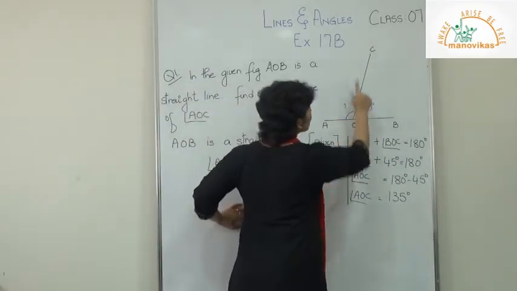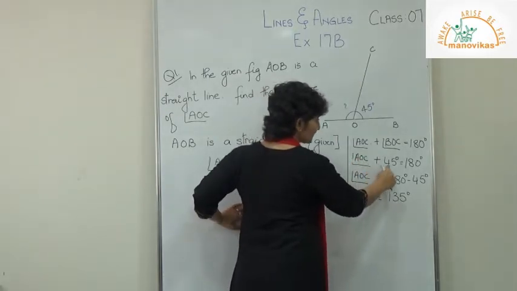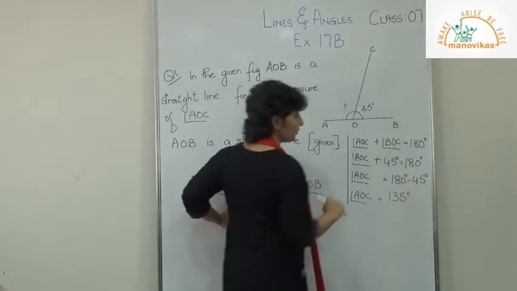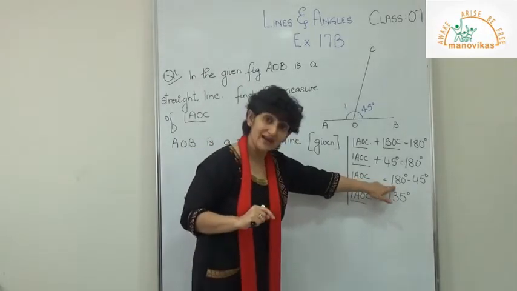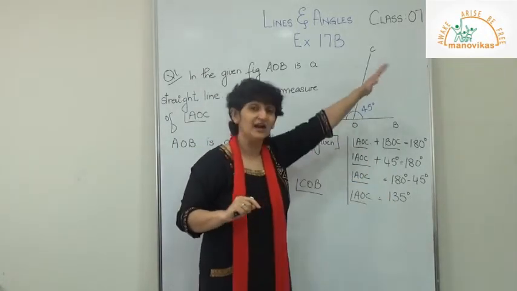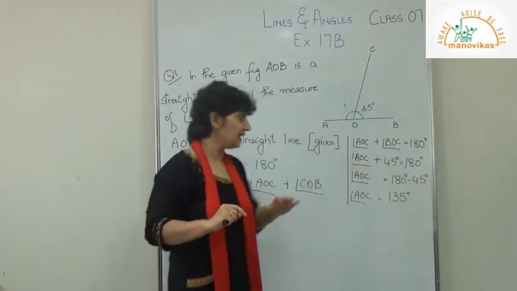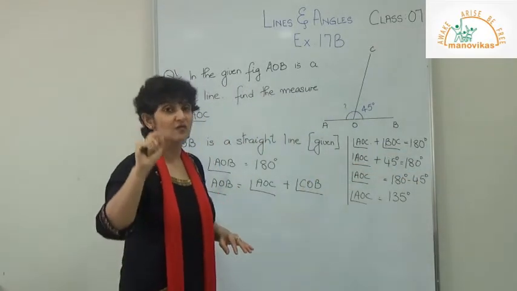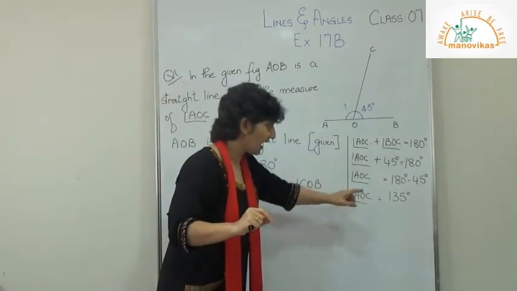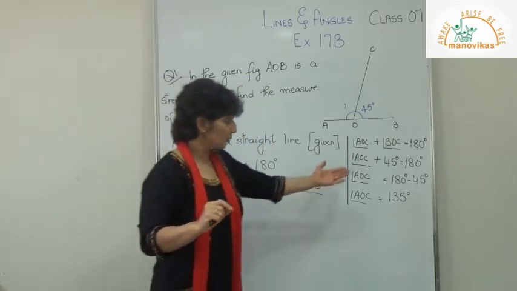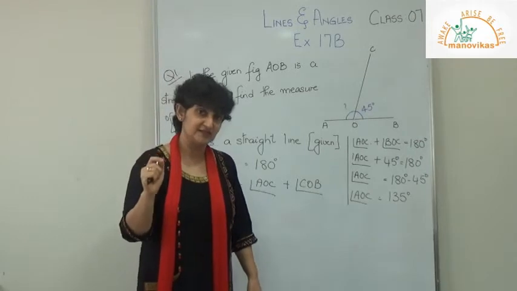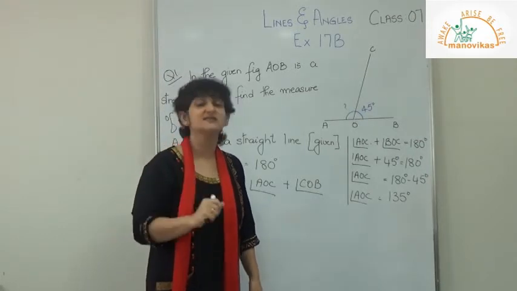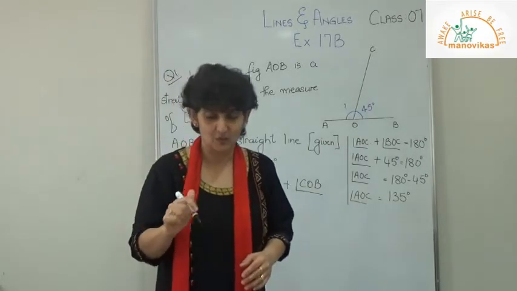Then AOC you have to find out plus 45 degrees is equal to 180. AOC is equal to 180 minus 45, when you take it to the other side. Therefore, angle AOC is equal to 135 degrees. I'm sure you have understood this. Let's move on to the next question.